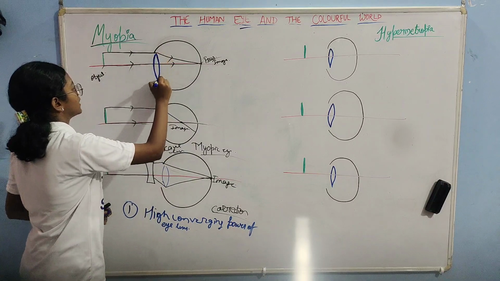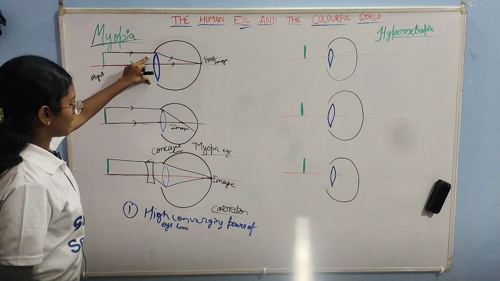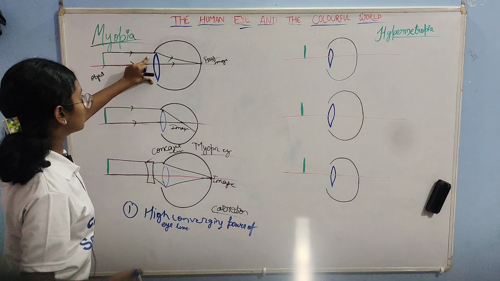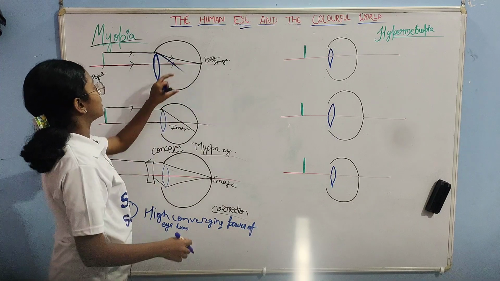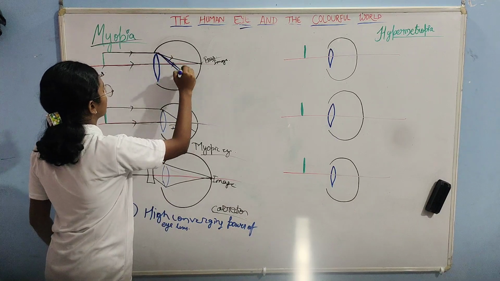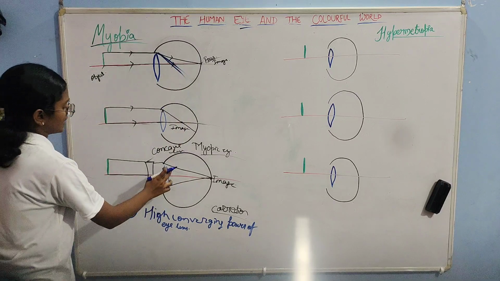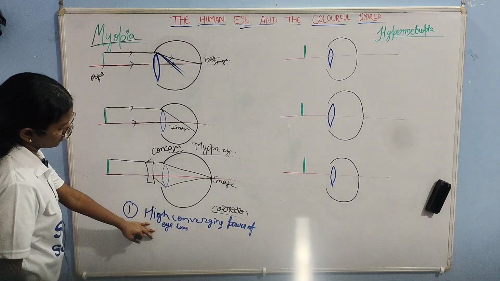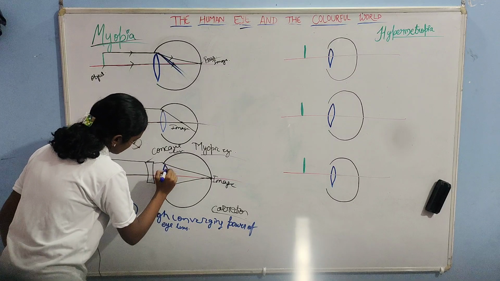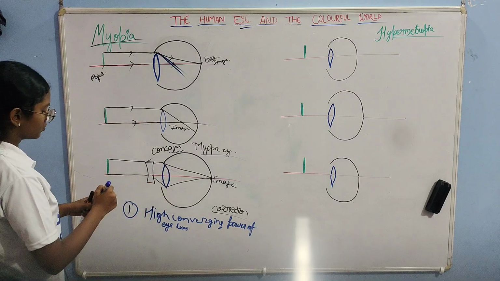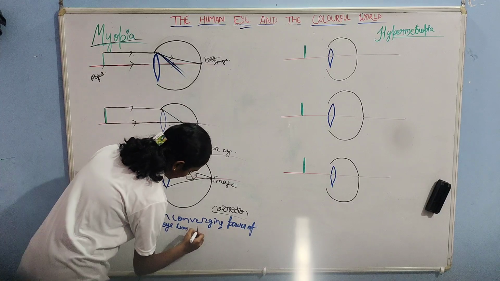As we have studied, if the eye lens has a high converging power, then it will converge the light rays coming from there in a very short distance. It means that the image will form here. So in these conditions, the eye lens of a person's eye has more power. That means its converging power becomes high.